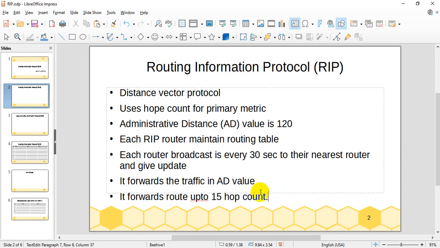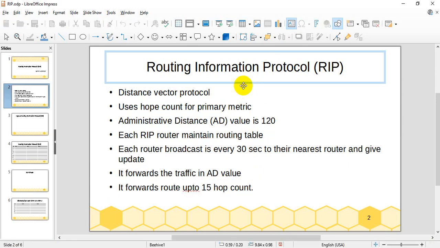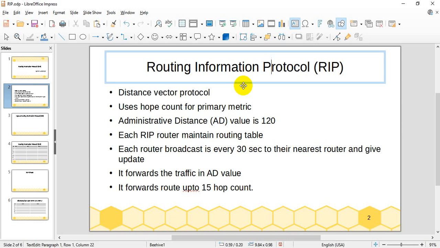If someone asks you that, you must answer that the limit of the Routing Information Protocol hop count is 15, and it will forward the packet up to 15 hops. If the hop count exceeds 15, it will decide that the path is broken, or the path is unreachable. It only has the capacity to forward the route up to 15 hops.